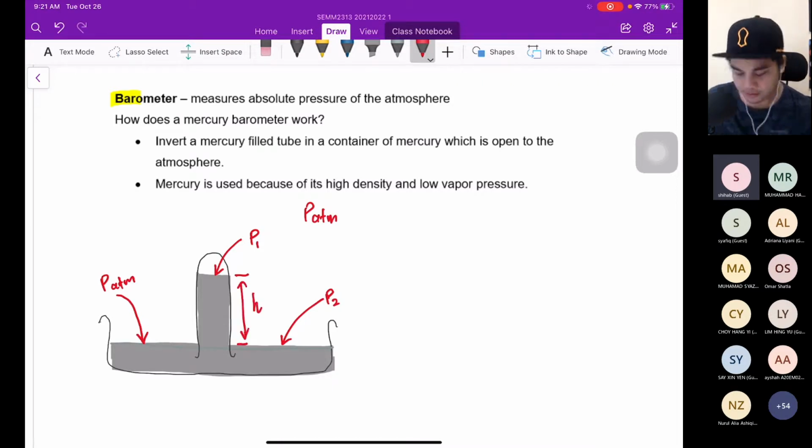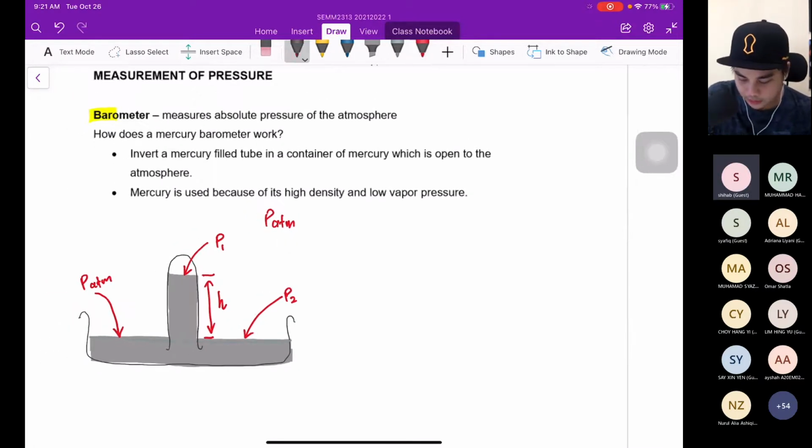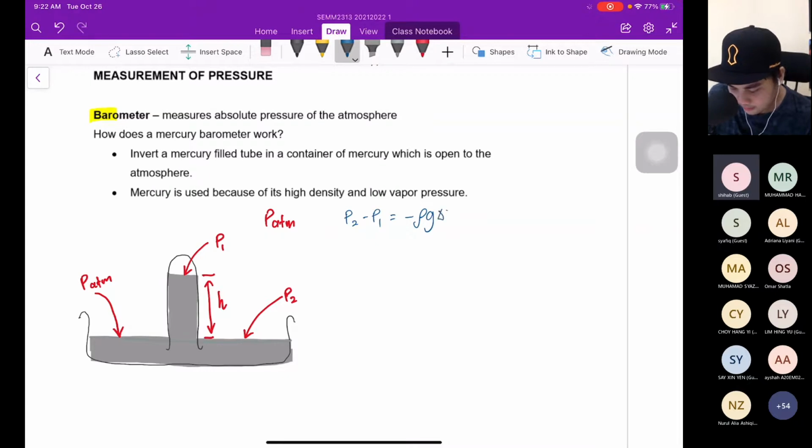This height we refer to as H, the height of mercury. From what we have learned previously, this is our hydrostatic equation: P2 minus P1 equals negative rho g delta Z. This is named the hydrostatic equation.